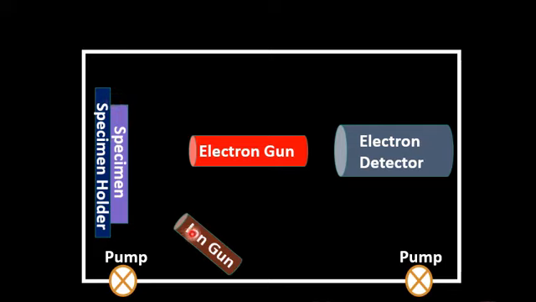Secondly, the ion gun is also used for depth profiling across the sample surface to document the compositional changes across the material surface. So basically the ion gun is used across the whole specimen surface in order to check the variation of the composition across the whole surface, and this analysis is known as depth profiling.